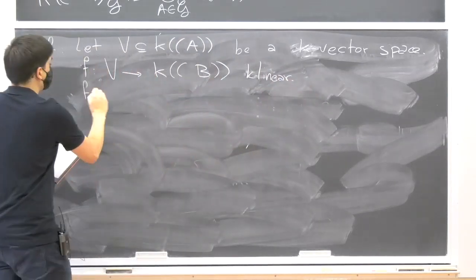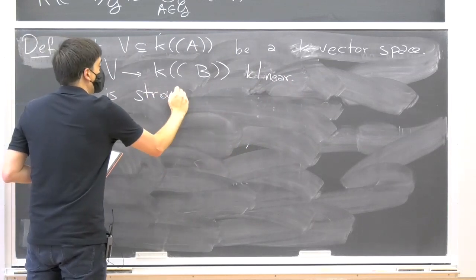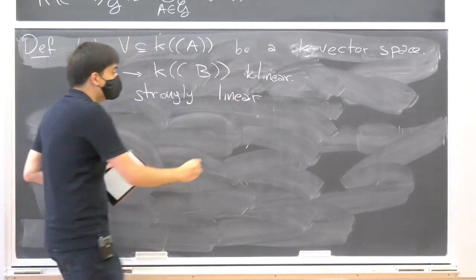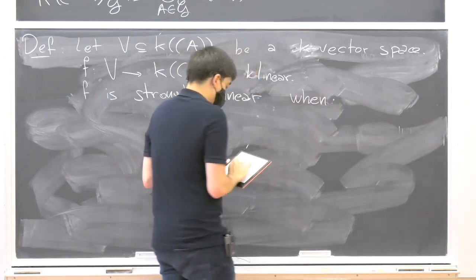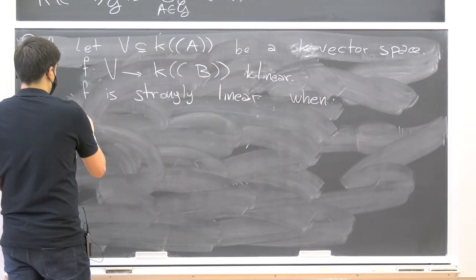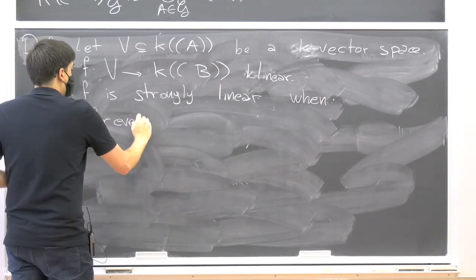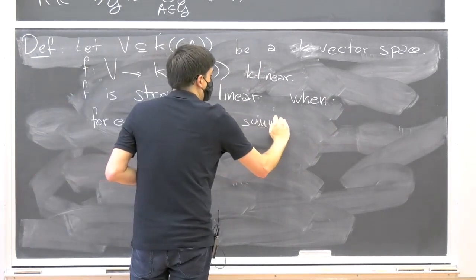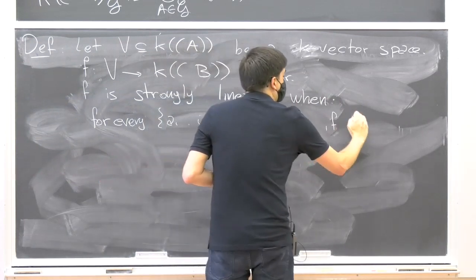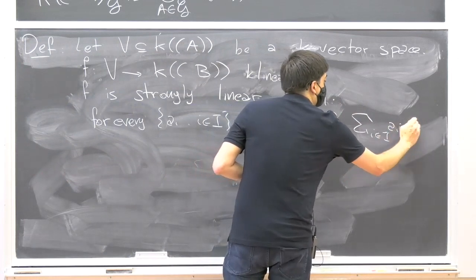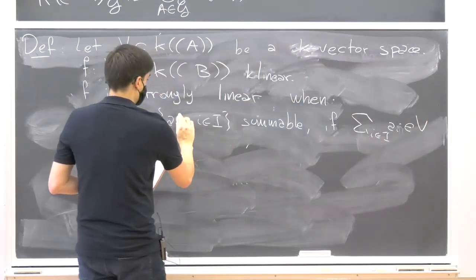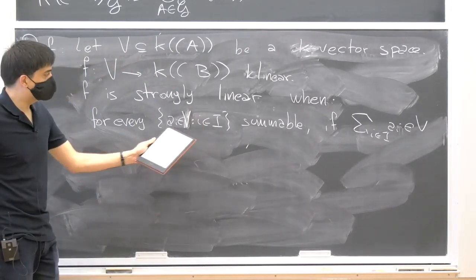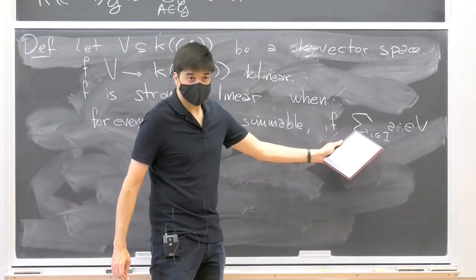And we say that F is strongly linear when the following happens: for every summable family a_i, i in I, of elements of V, you can take the sum in the Hahn vector space.